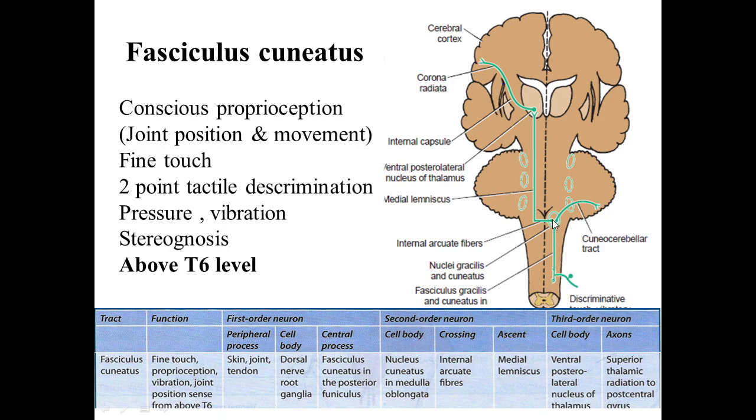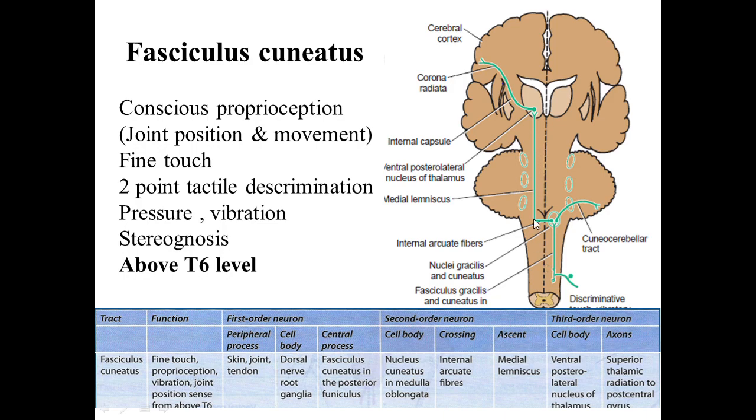The fibers ascend up to the lower part of the medulla, where these fibers synapse with the nucleus cuneatus. From here, the axons cross to the opposite side as internal arcuate fibers, and then they ascend as medial lemniscus. So this medial lemniscus consists of both fibers, the fasciculus gracilis and fasciculus cuneatus.